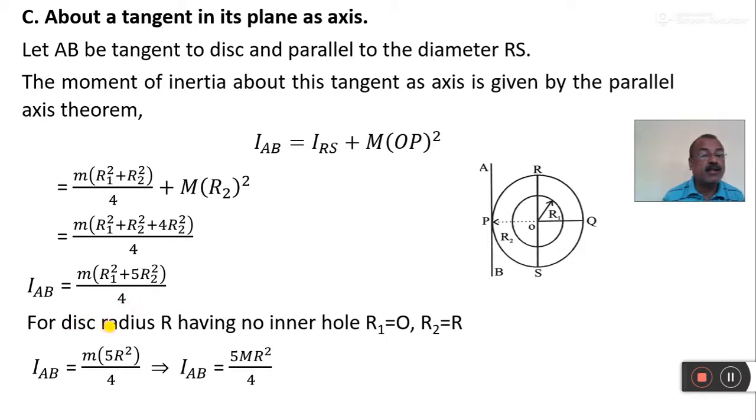For a disc of radius R having no inner hole, R1 is equal to 0 and R2 is equal to R. I_AB is equal to m into 5R squared by 4, that is I_AB is equal to 5 mR squared by 4.